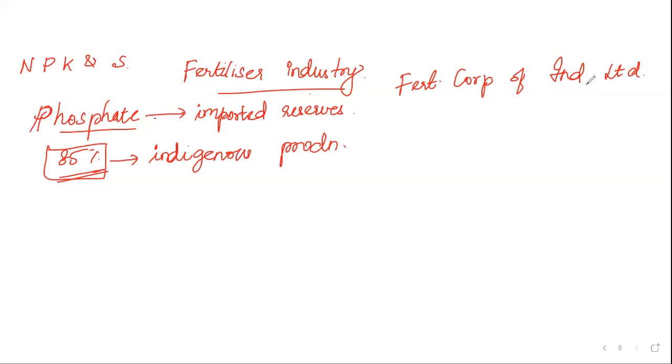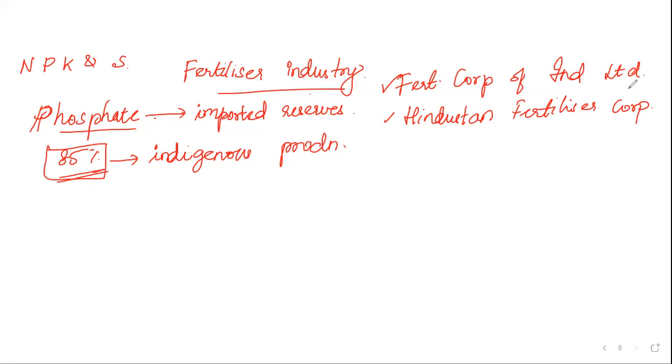You can give them, but it's better if you give examples of government or public limited companies. So, Fertilizer Corporation of India Limited, Hindustan Fertilizer Corporation. You can talk about any of them, anything is fine.